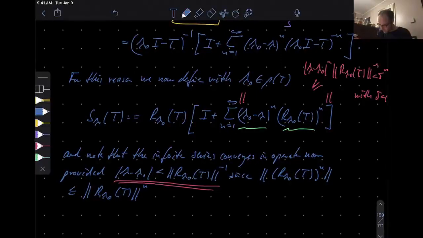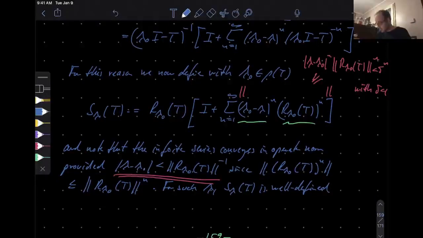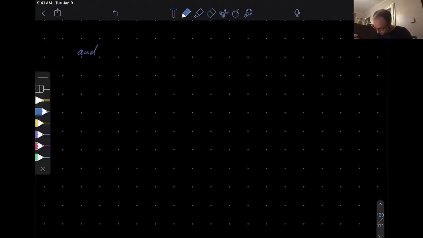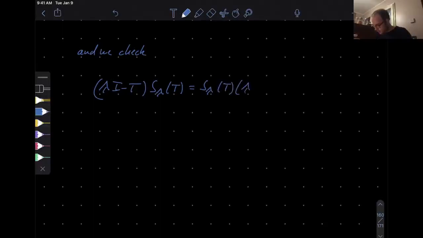Good. So for such λ, that guy S_λ(T) is well defined, and we check that (λI - T) times S_λ(T) is equal to S_λ(T) times (λI - T). How do you check this? Well, remember how we checked a similar property when we proved the Neumann series, right?